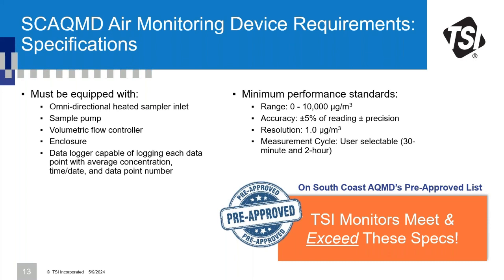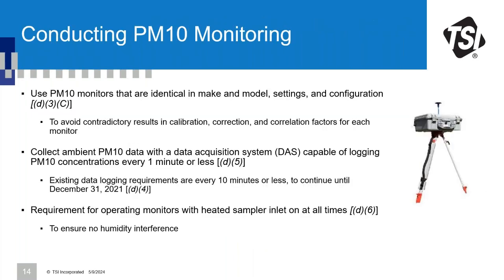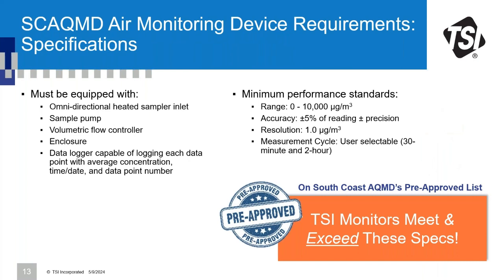So being able to select your cycle here, if there's a 30-minute or 2-hour cycle, having that ability to set those is required. So TSI does have a device that can meet the standard, if not exceed the standards. So we'll definitely get into that on the equipment portion of the talk here. And TSI's devices are on the pre-approved list for South Coast AQMD for Rule 1466.